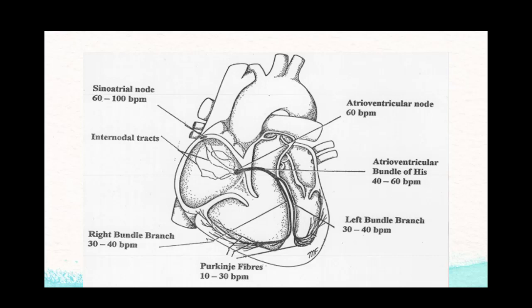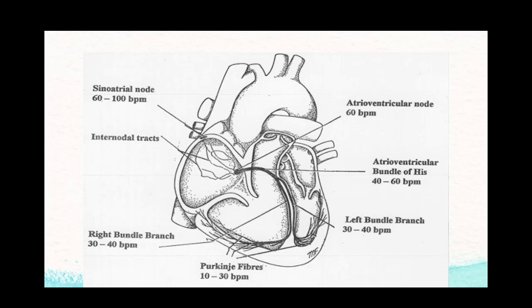Just like on the interstate, if a wreck happens, if something bad happens, then we've got big problems. Same thing within the heart. If we have something wrong with the internodal tracts, we still can get there, but it's going to take us a longer period of time. These internodal tracts are actually modified muscular tissue that is very similar to neural tissue.